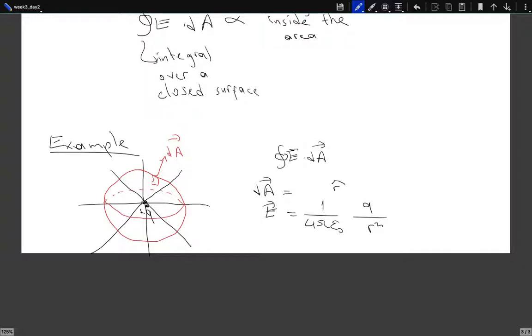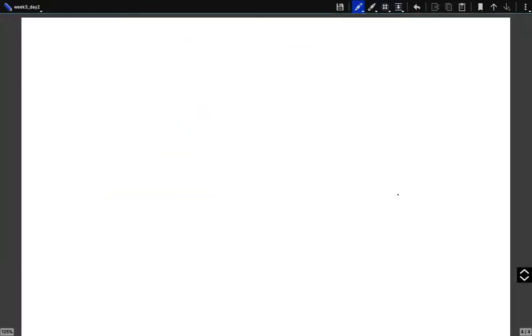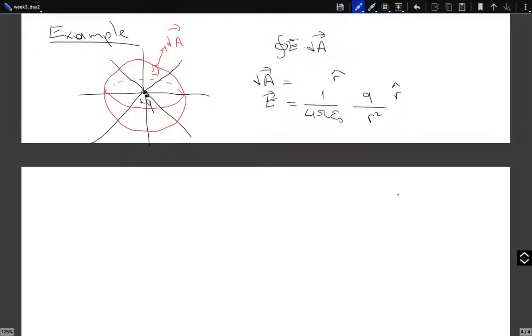What is the direction of the electric field? Well, if you write it as q times r hat, that direction is always correct, independent of the sign of q. Well, q times r hat might be pointing in the r hat direction or in the opposite direction, depending on the sign of q. Okay, so this is E.